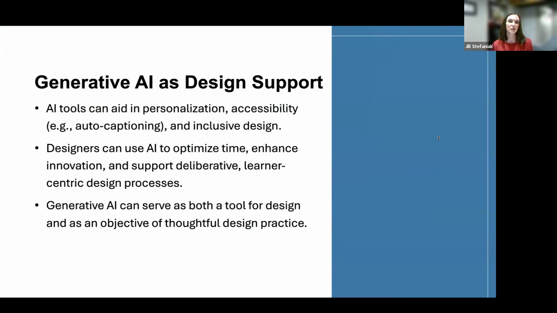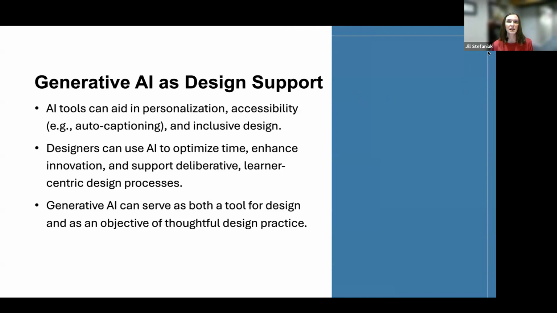We know there are a lot of opportunities to expedite certain design processes, and to use generative AI to help with personalization of content, coming up with a variety of different examples, and making adjustments depending on the inputs we put into it. We're starting to see instructional designers use AI to optimize time, inputting different information about their learning audiences, and using it as a tool for design as well as an objective of thoughtful design practice.